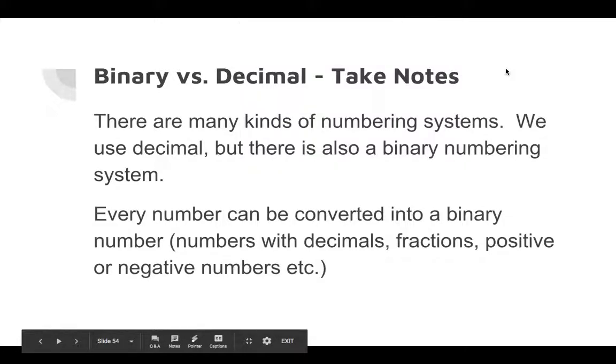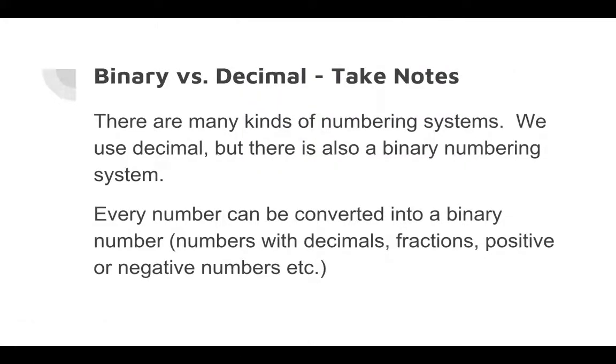Okay, everyone, we're going to go back to binary code. Remember, last time we talked about how our characters or letters are represented in binary. Binary code is basically a numbering system, a numbering system that only uses 0 and 1.